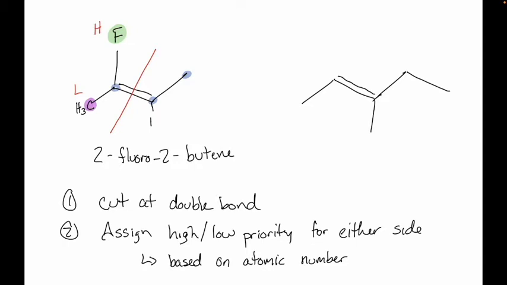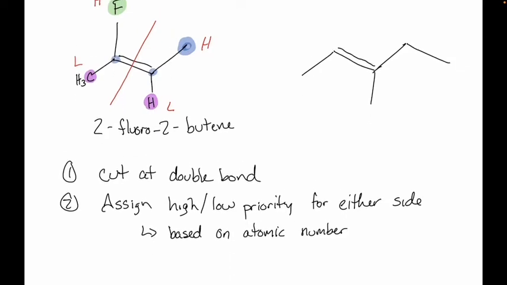So that means I'm comparing this group right up here to this group down here. Which one's going to be the low priority group? Carbon or hydrogen? Hydrogen's got the lower atomic number, so hydrogen's going to be the low priority group. And this carbon's going to be my high priority group.